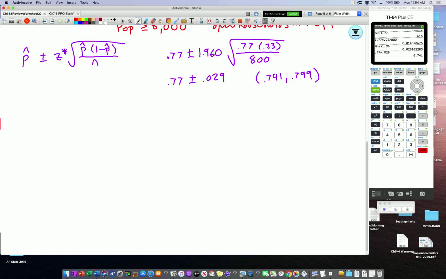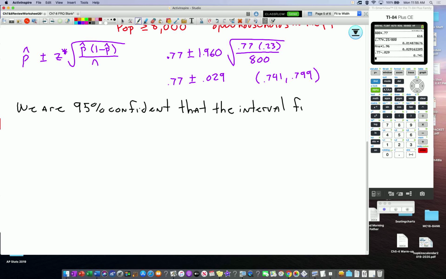Okay. So our conclusion, we always say we are blank percent confident, 95% confident that the interval from blank to blank, from 0.741 to 0.799, captures what?